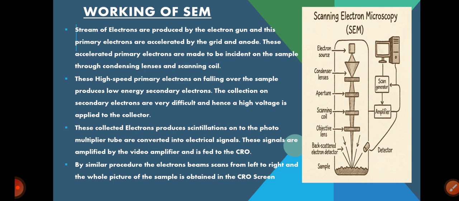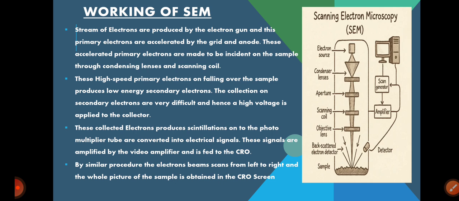These high speed primary electrons, on falling over the sample, produce low energy secondary electrons. The collection of the secondary electrons is very difficult, and hence a high voltage is applied to the collector, because the secondary electrons scattered from the specimen move with high velocity.